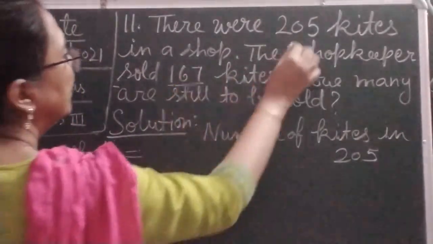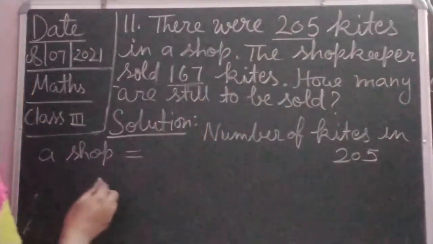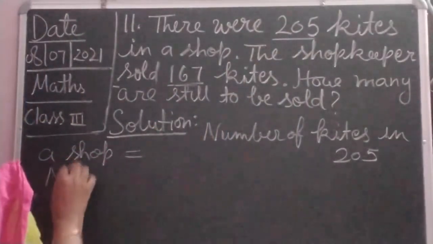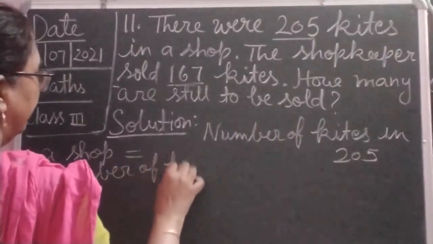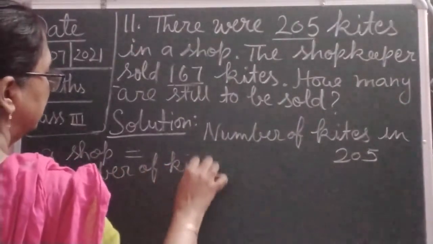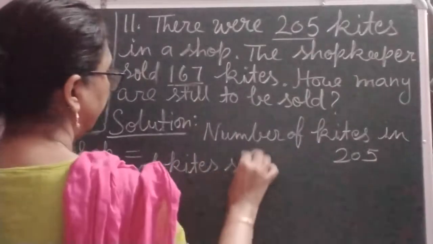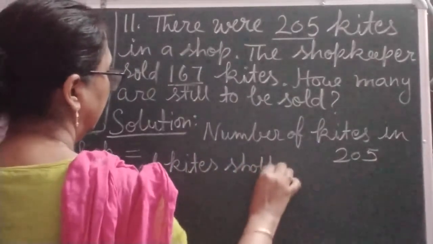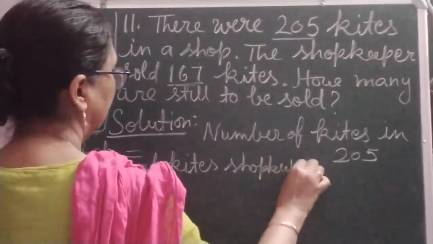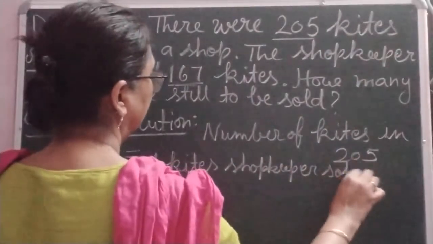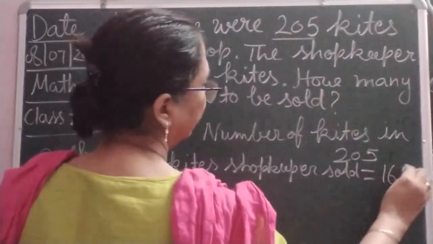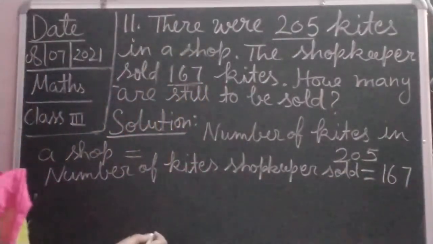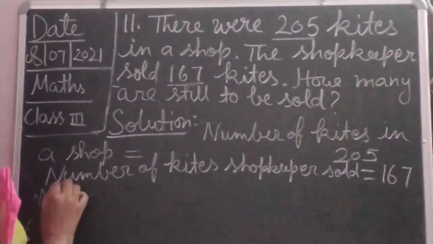Now here, children, you can see 167 kites. It means number of kites shopkeeper sold, that is 167.